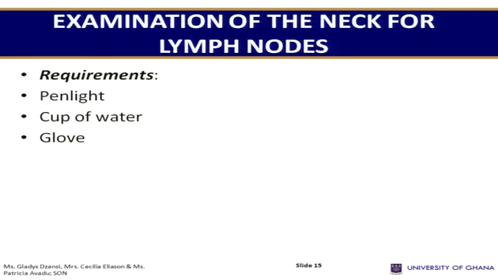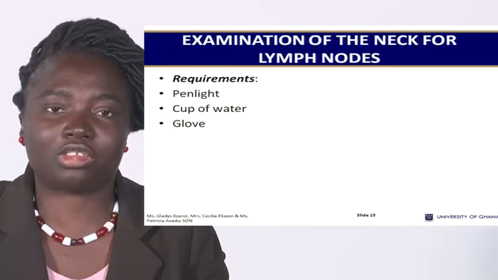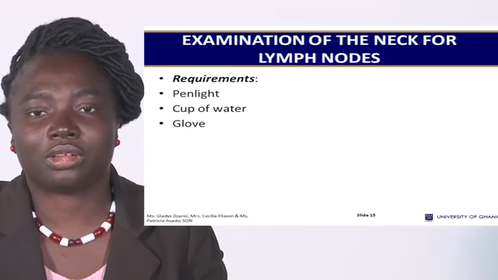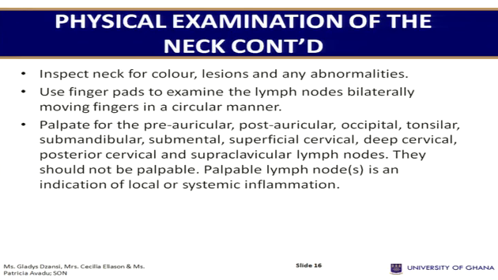To examine the lymph nodes on the neck, you need a pen light and gloves if necessary, and a cup of water if you want the patient to swallow. So you start your examination by inspecting the neck, as usual, the color, and noting the presence of lesions and any abnormalities.